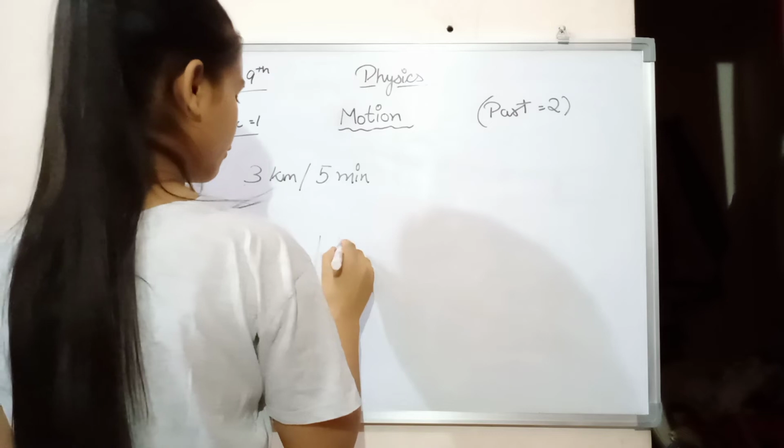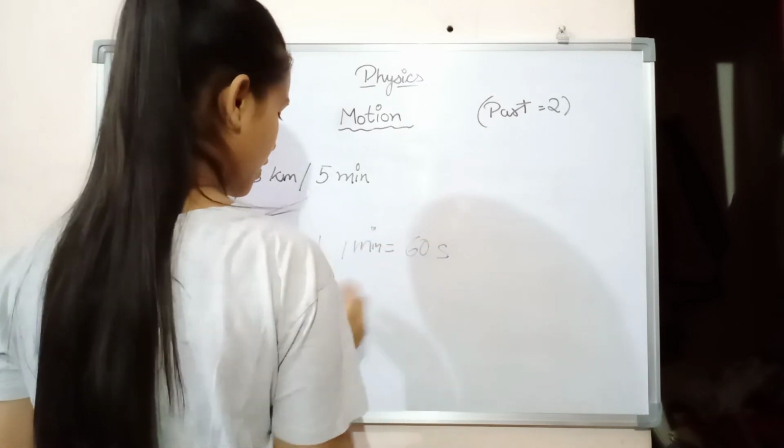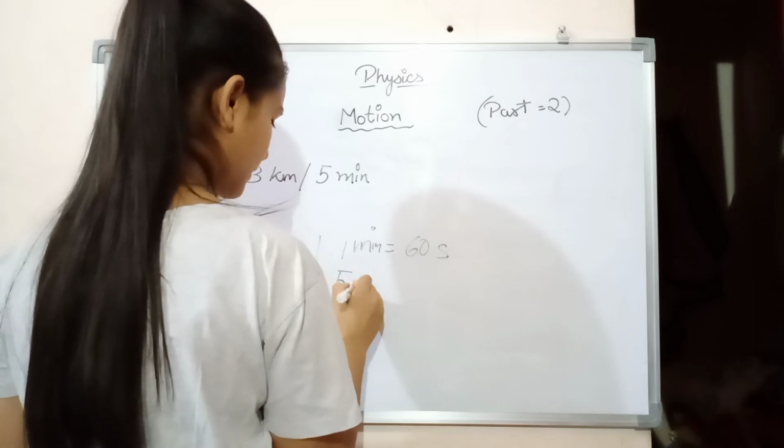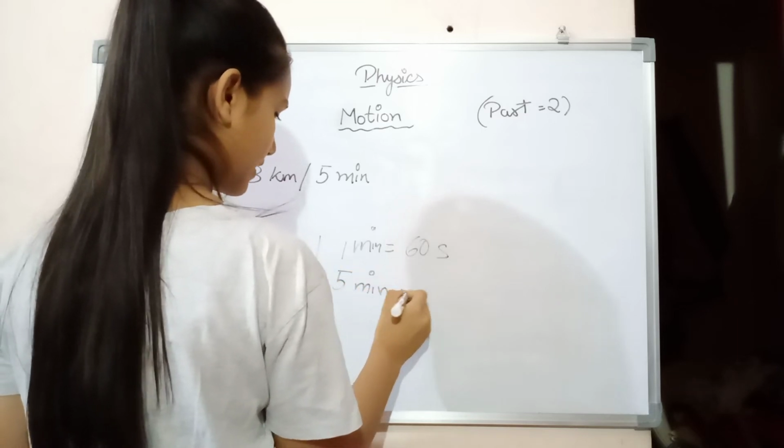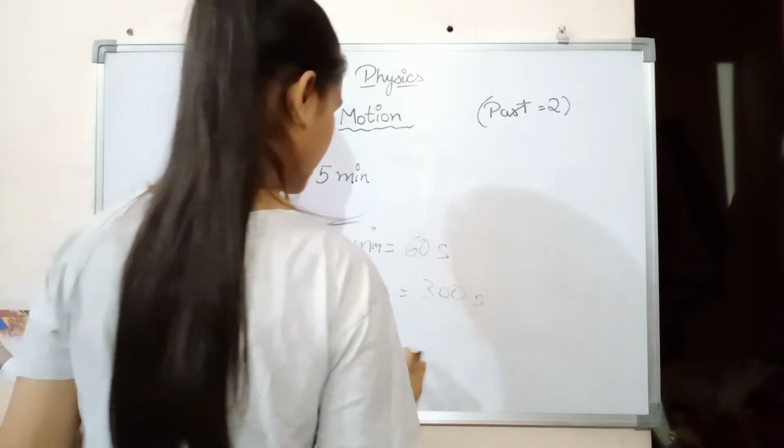Same here, 1 minute has 60 seconds, so 5 minutes will have 300 seconds.